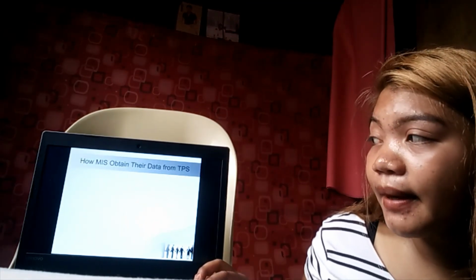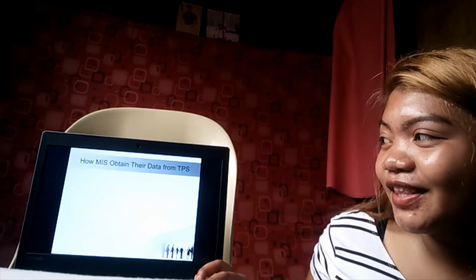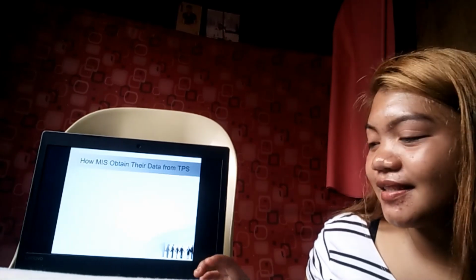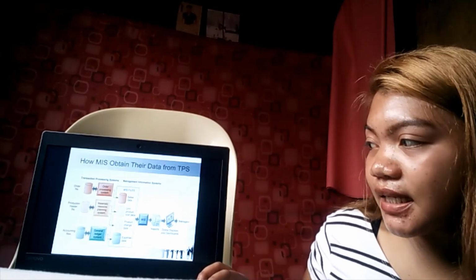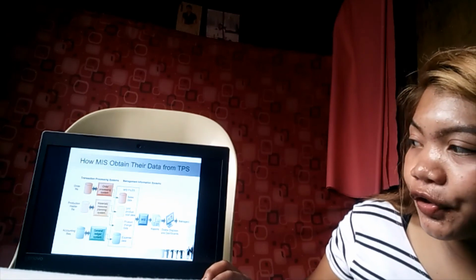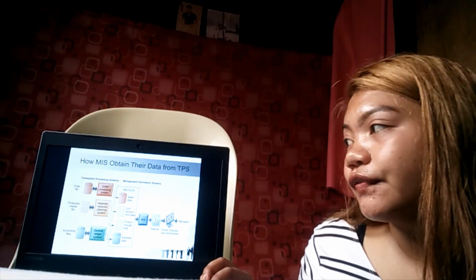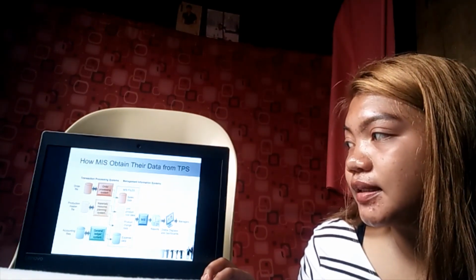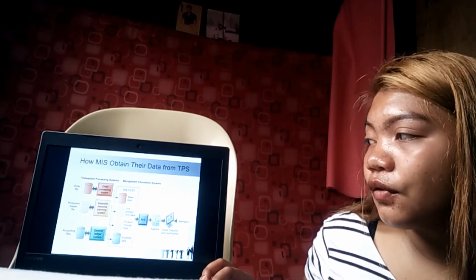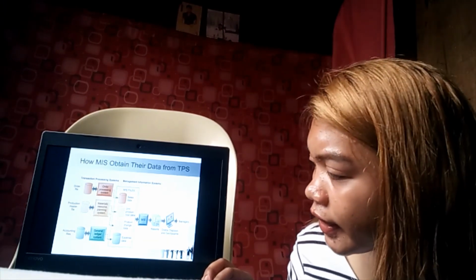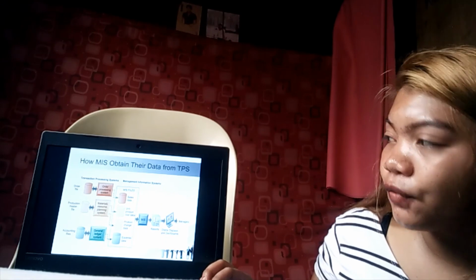How does MIS obtain its data from TPS? These are the examples of the database of a transaction processing system and the MIS, and how it works.